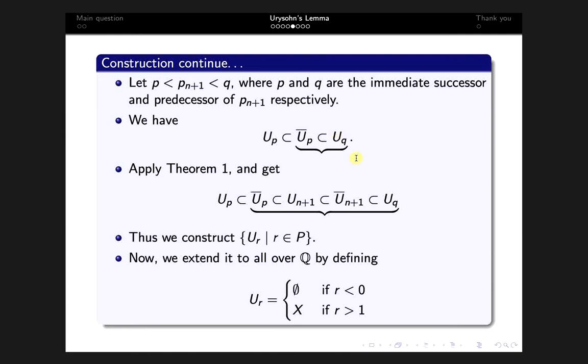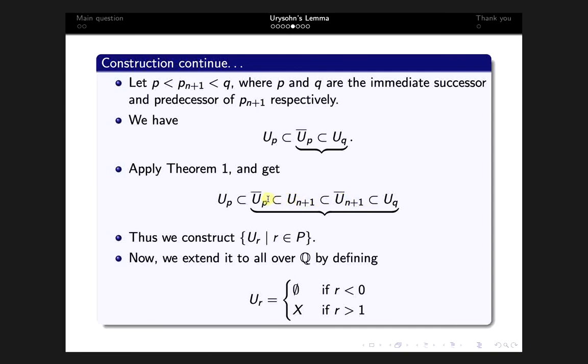Now again we apply the characterization theorem here. So we will get a smaller open set that we denote by U_(n+1), smaller than U_Q, such that its closure U_(n+1) closure is contained in U_Q.